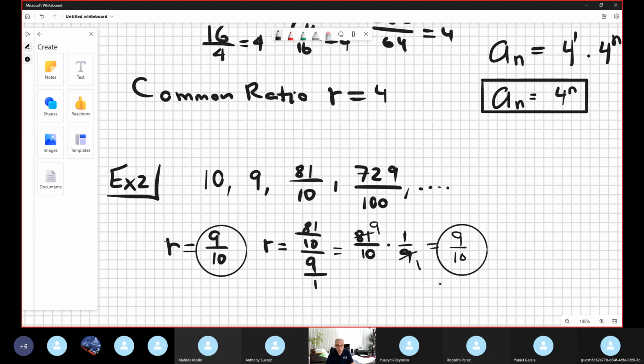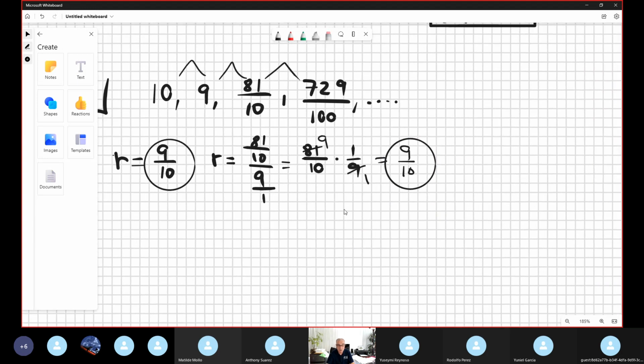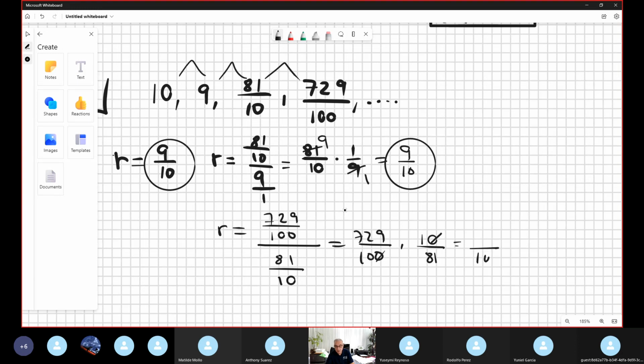And we try one more time. You divide this by this. It's a little bit more complicated, but you use a calculator. The common ratio R is 729 over 100 divided by 81 over 10. So 729 over 100 times the flipped 10 over 81. Cancel out the 10 here, and 10 stays in the bottom, exactly what we need.